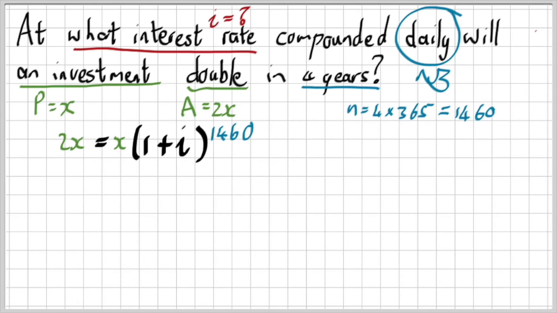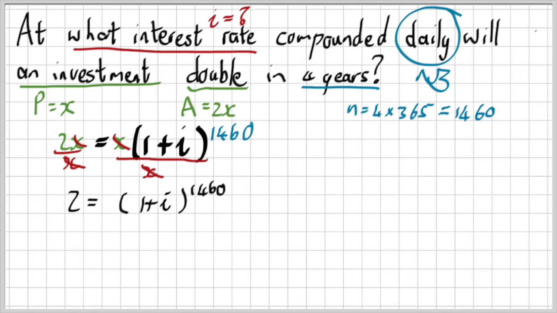So solving for i, I must first get my whole bracket alone. So I'm going to divide both sides by x. When I've done that, my x's divide away, and that leaves me with 2 equal to (1 plus i) to the 1460.